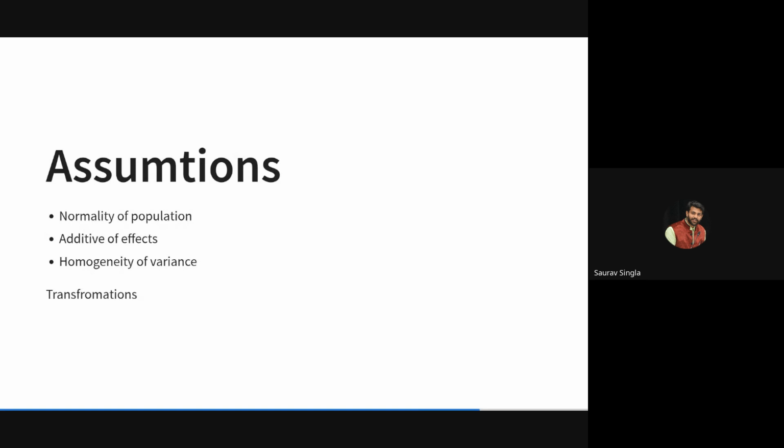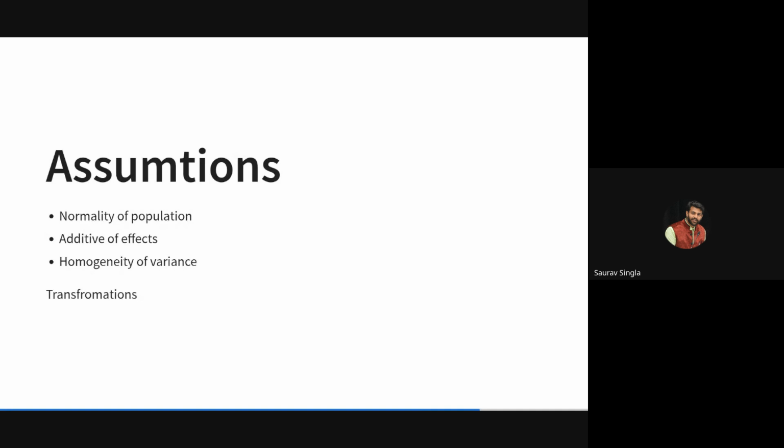What is the meaning of transform? It means we will apply some formula, say we will take the log of all data, or take the square root of all data. Such things we do, so that if a particular assumption is not met, then after taking such a transformation, we can recheck if the assumption is met or not.